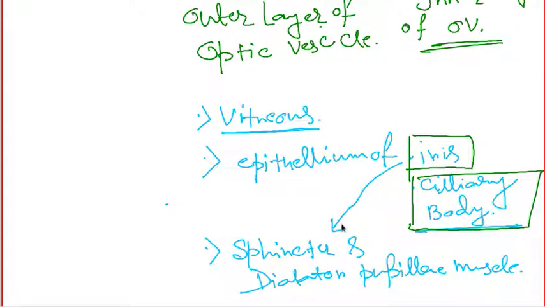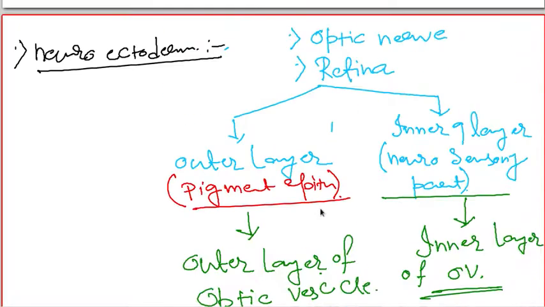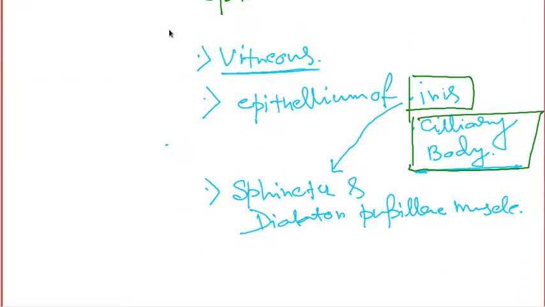So the epithelium is covered, the muscle is also covered. So this second layer, the neuroectodermal layer, gives rise to the optic nerve, second the retina, next the vitreous, next the epithelium of the iris and ciliary body, and the sphincter and dilator pupillae.